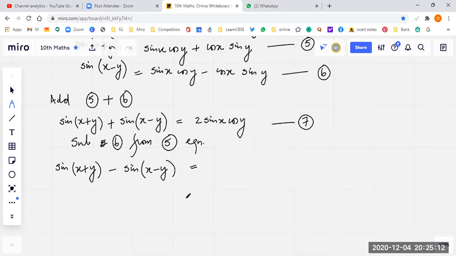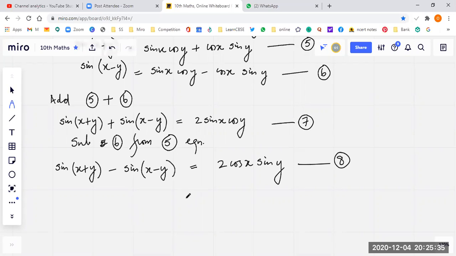It won't be minus, it will be plus. Correct. 2 cos x sin y. All right, guys, let's say this is eighth equation.